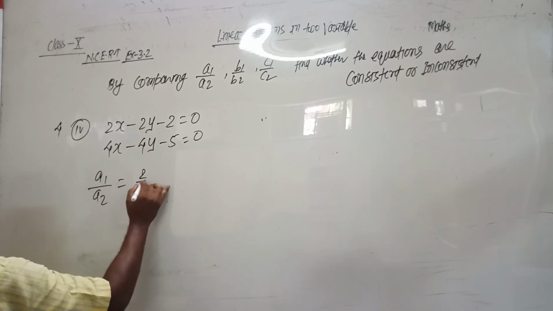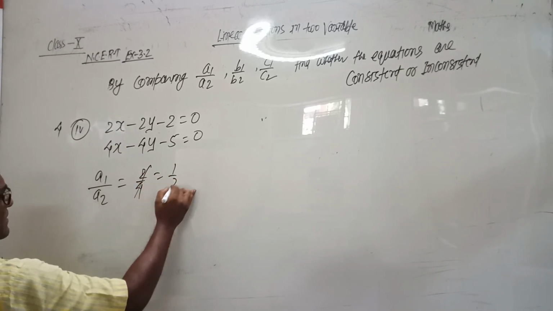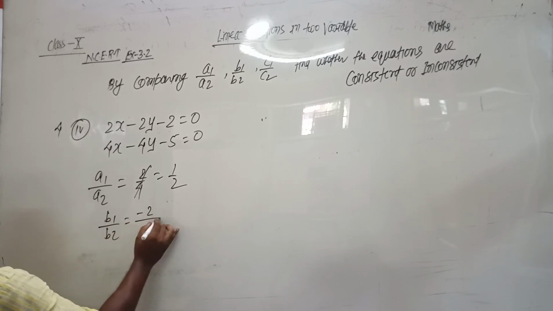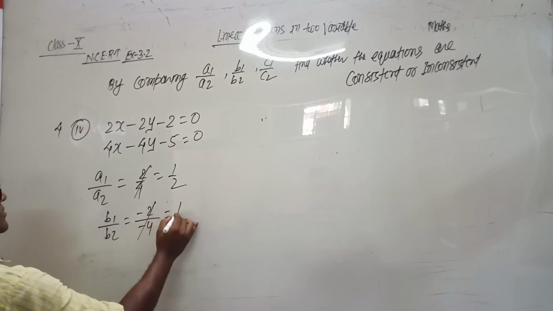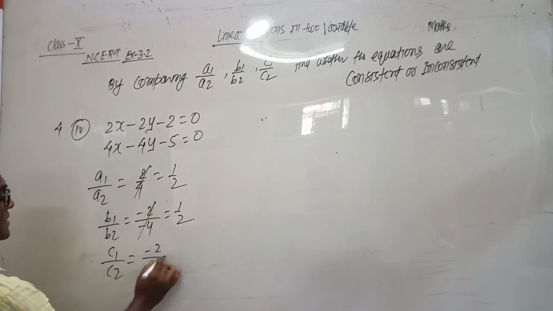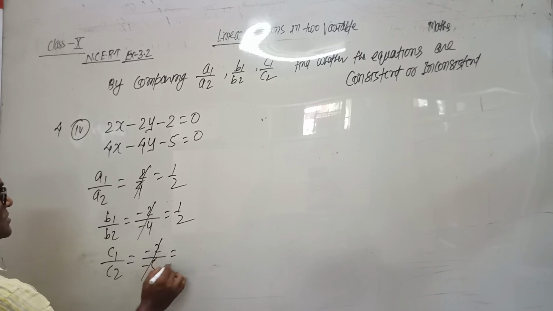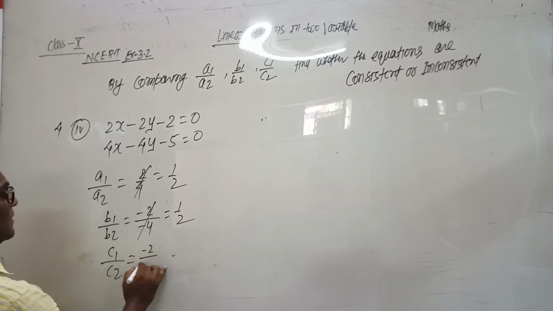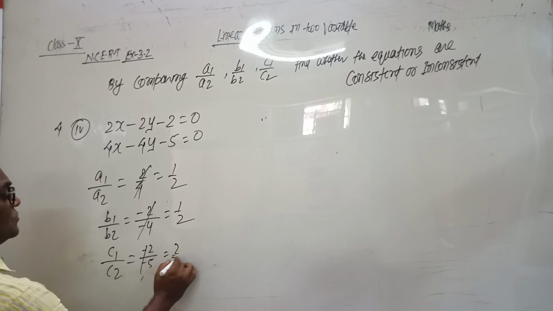This is 2 by 4, it comes 1 by 2. Then b1 by b2, this is minus 2 by minus 4, which also comes 1 by 2. Then c1 by c2, minus 2 by minus 5, the minuses get cancelled and it comes 2 by 5.